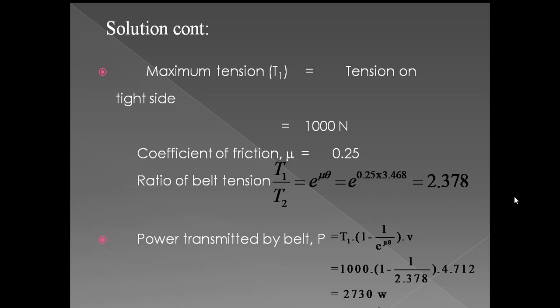So it is equal to 2.378. T1 by T2 equal to 2.378 is the ratio of belt tensions.